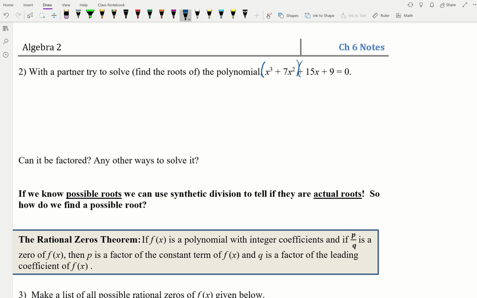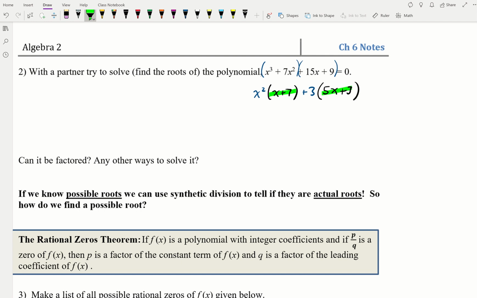We group the first 2 and the last 2. The first 2 have an x squared in common, and then we would have x plus 7 in our parentheses. The second 2 have 3 in common, so all we could factor out is 3, and the other factor in parentheses would be 5x plus 3. We have a problem here because these two factors are different, which means this polynomial is not going to factor using any of the methods we have learned.